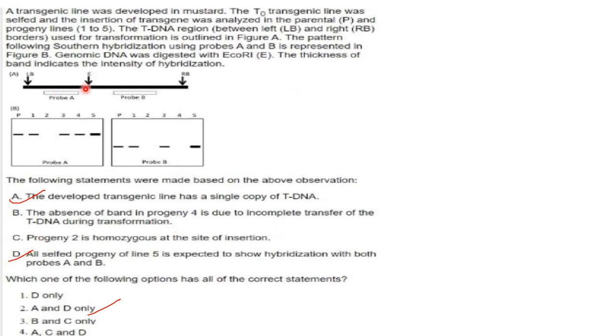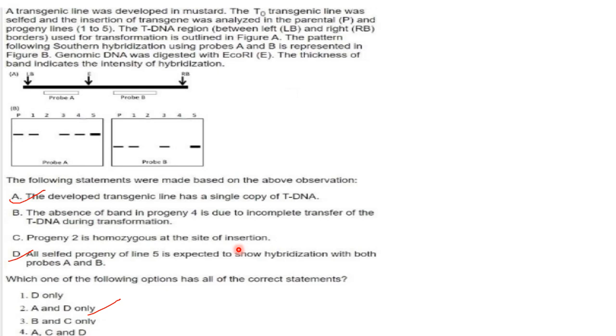Even if that is the case, if this much portion has entered, then probe B will also give you the band. So the absence of band doesn't mean that it is due to incomplete transfer.